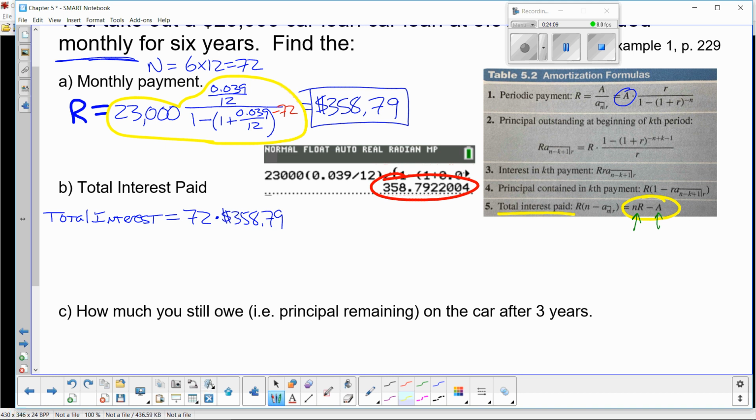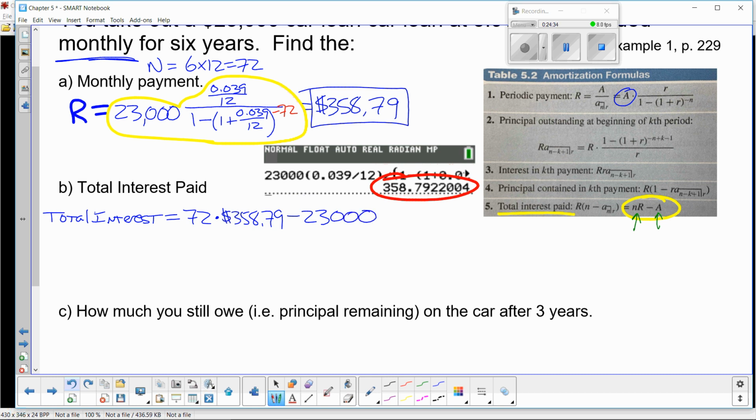Now I'm going to use that number on the screen. I'm just writing this down just to show you what I'm doing, but I'm going to use that number on the screen that has all these extra decimal places. And then I'm going to subtract from that. That's how much I paid, 72 payments of $358.79. I'm going to subtract from that how much I owed. That's how much I borrowed.